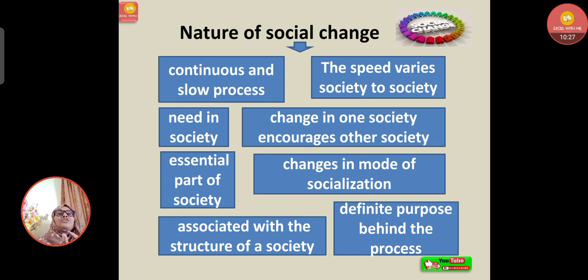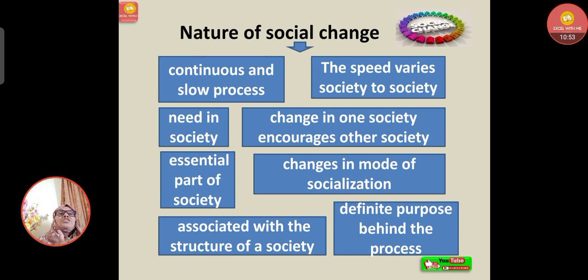Social change involves not only economic, political, scientific changes, but it also involves changes in the mode of socialization of the individual and a basic change in the personality structure of the individual. Now it can be brought about by intelligence and with certain determination. Every individual has certain goals and he or she wants to achieve them.